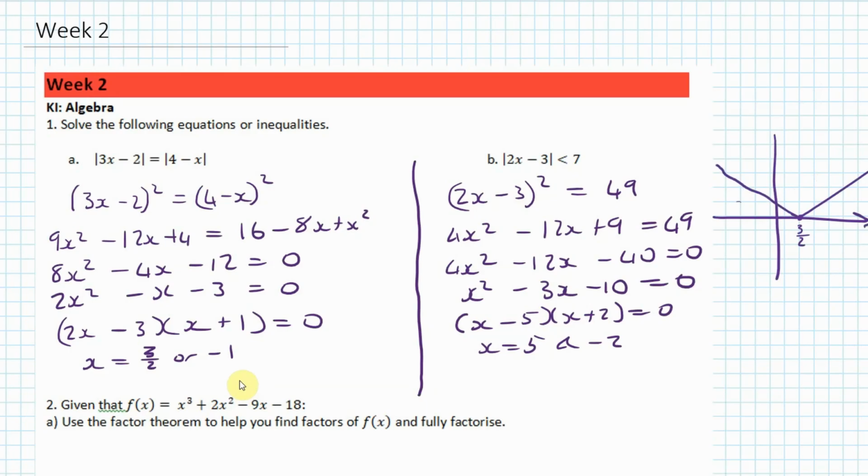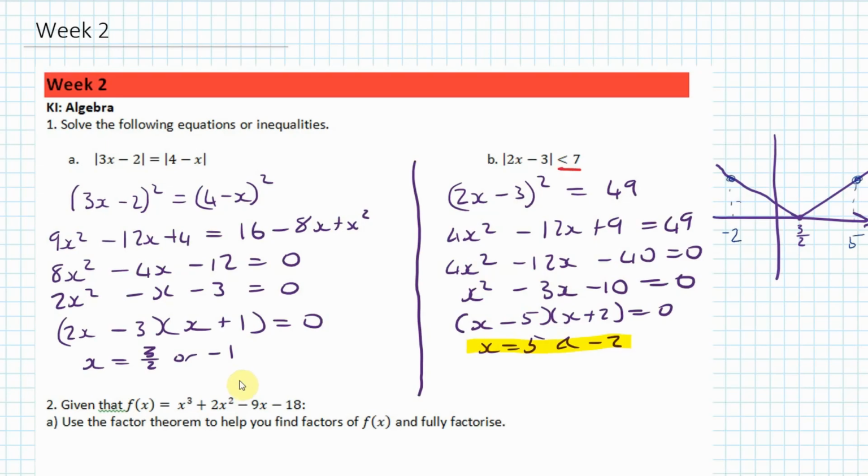Now, what we've just found here is that where it is equal to 7 is at 5. So 5 might be over here, and also negative 2. And we want to know where it is less than 7.